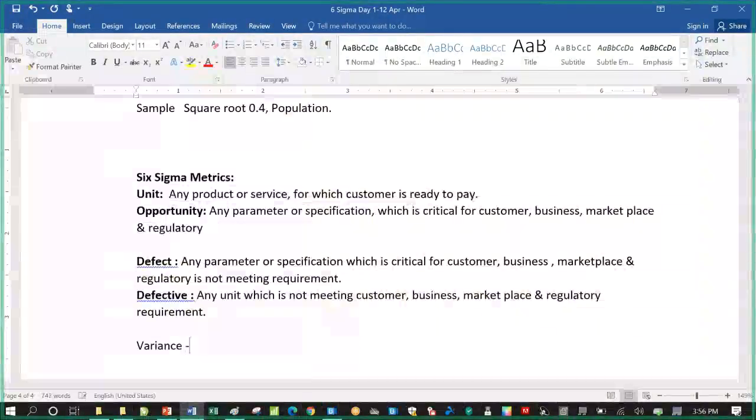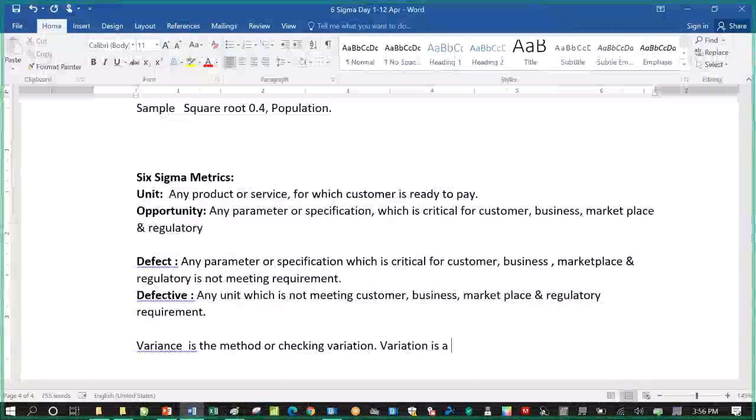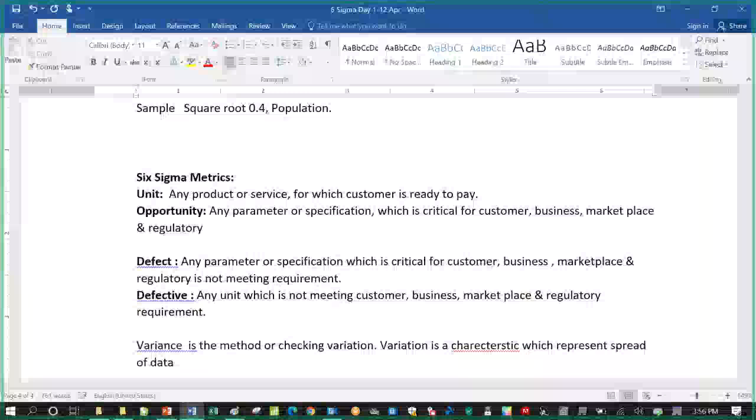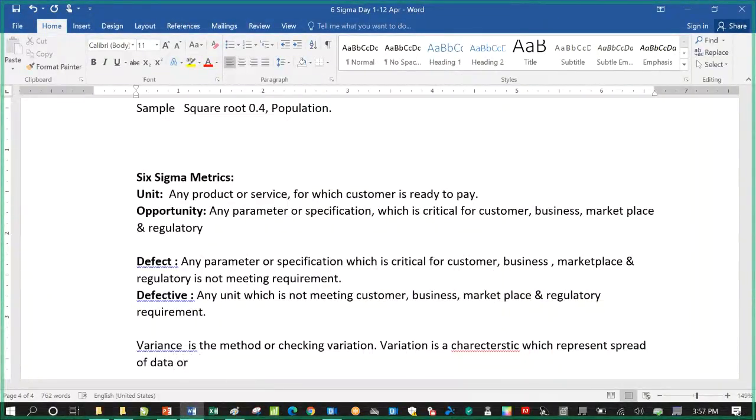Variance is the method of checking variation, and variation is the characteristic which represents the spread of data or difference between data points.